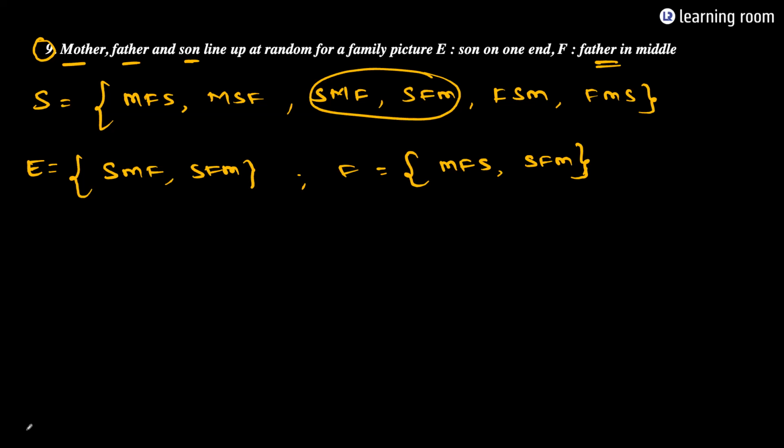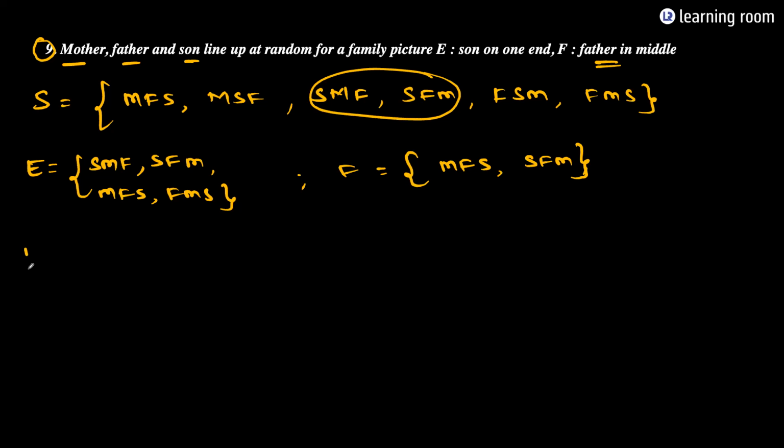Oh, sorry. Son on one end. I didn't see in the first. I thought it's on first end. So son, it can be on the other end also, no? Son, mother, father; son, father, mother; mother, father, son; father, mother, son. Correct?